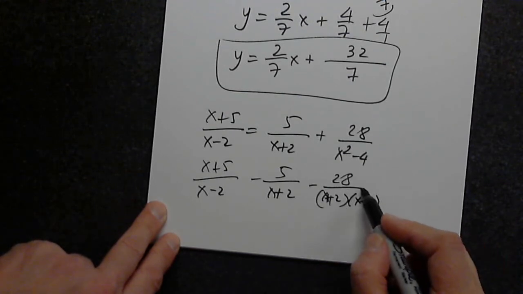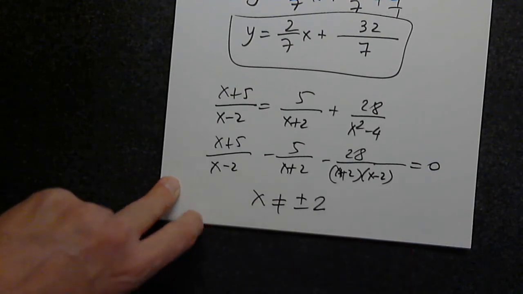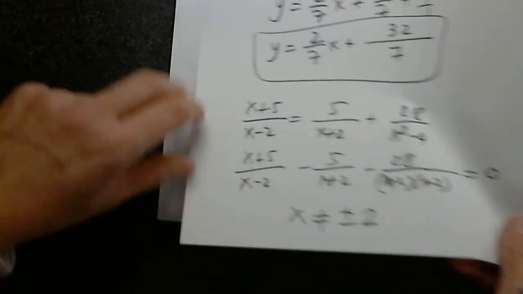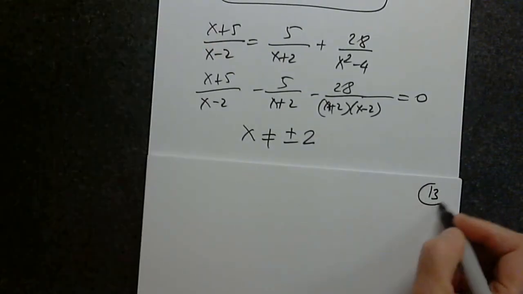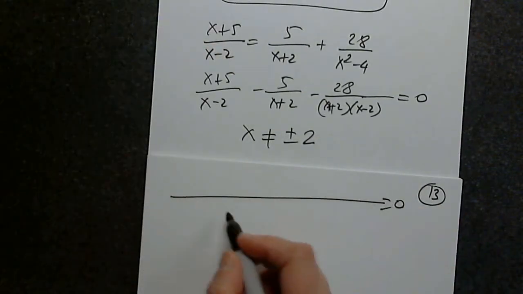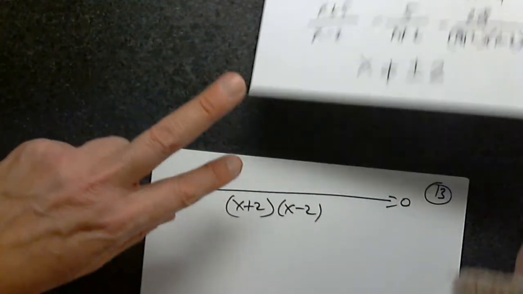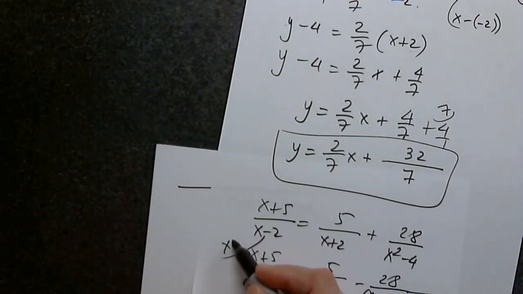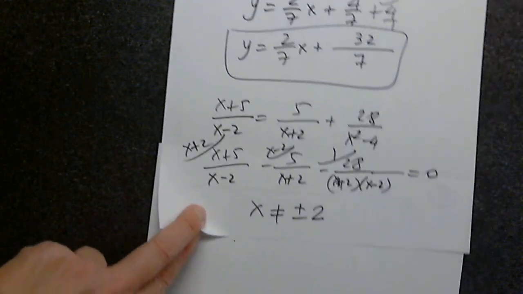I have to do this first. So x cannot be plus or minus 2. Then I find the least common denominator, which is the product of the two, x plus 2 times x minus 2. And I need an adjustment here of x plus 2 and here of x minus 2, and here nothing, or just write 1. Is this okay?